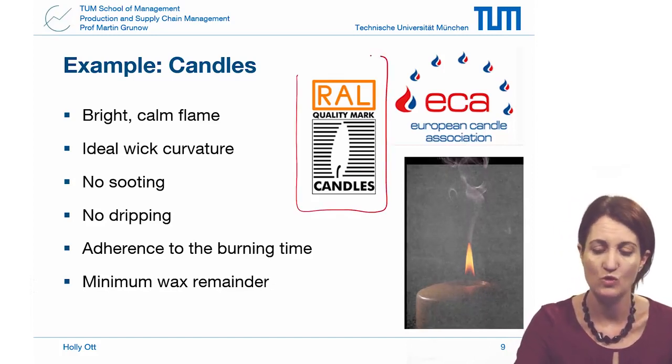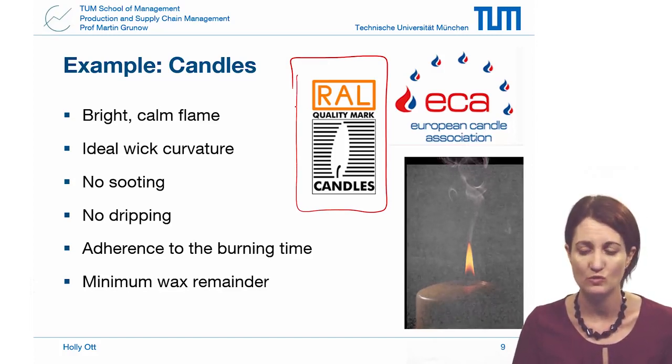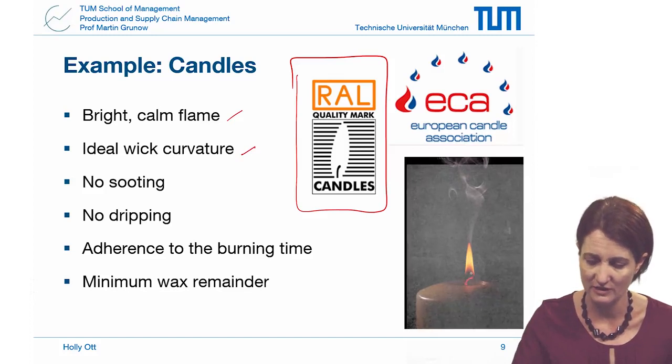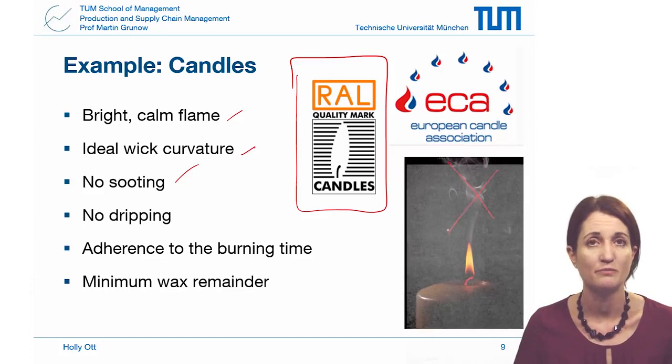This is an award given by the European Candle Association, which is awarded to members if their candles fulfill all requirements, including high quality raw materials, the dimensions, the weight, the color, and if they burn perfectly. So for example, a bright calm flame, ideal wick curvature, which is actually what you see here. No sooting, this is bad. No dripping, must burn the right amount of time and have minimum wax.